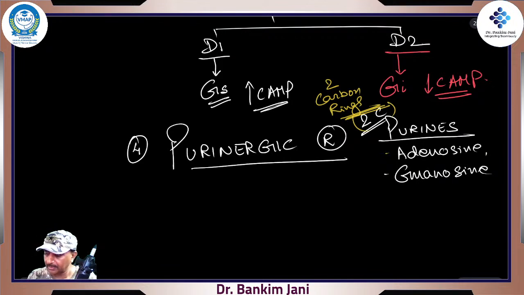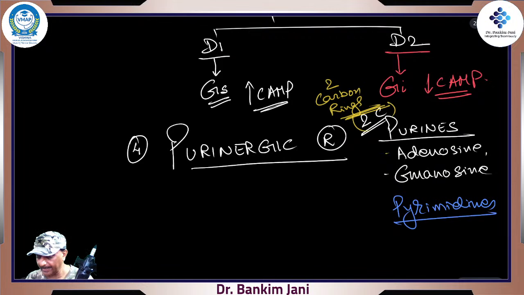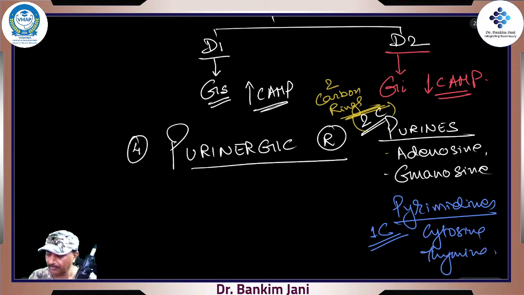And over here, these are all called pyrimidines. In pyrimidines, there is one carbon ring, right? And they will be part of cytosine and thymine. We are focusing on only this group, so that is purinergic receptors.